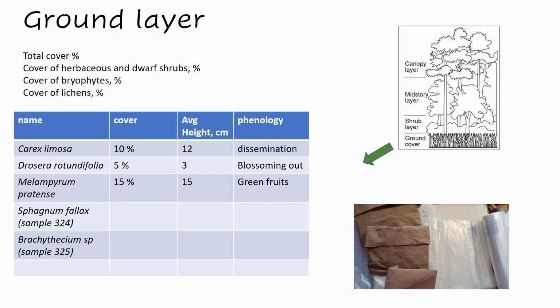You also can describe if some of them are grouped, and use other scales, not percentage but Braun-Blanquet scales or Raunkiaer scale. It doesn't matter. It only matters that as a result you have the characteristic of the presence and the phytosociological meaning of this species in this community.